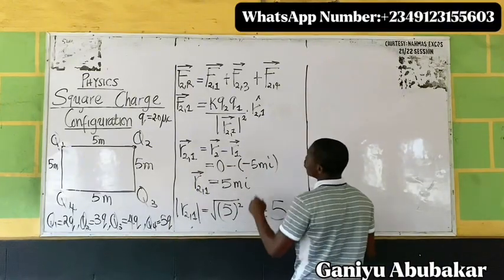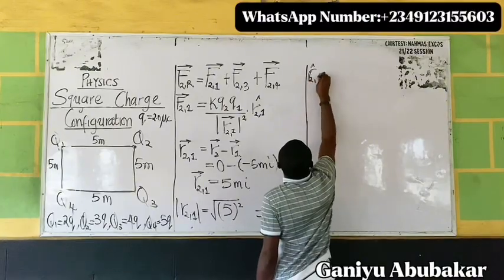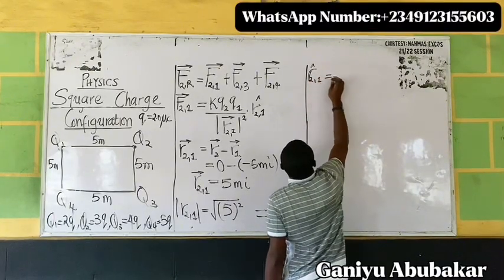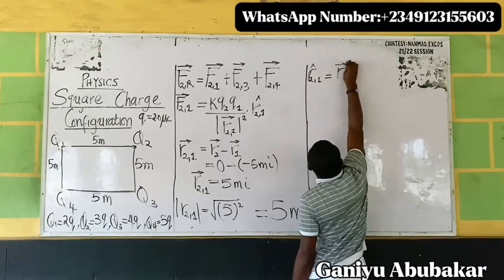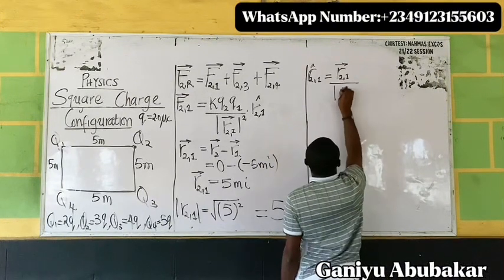Let's get the unit vector of R21. The unit vector of R21 is equal to the position vector of R21 all over the magnitude of R21.